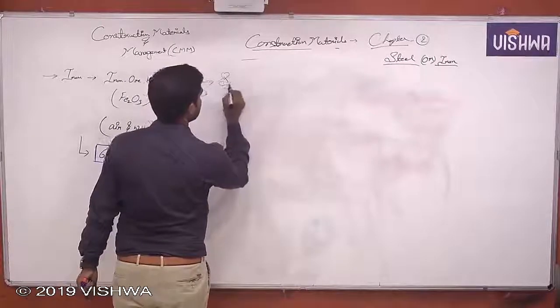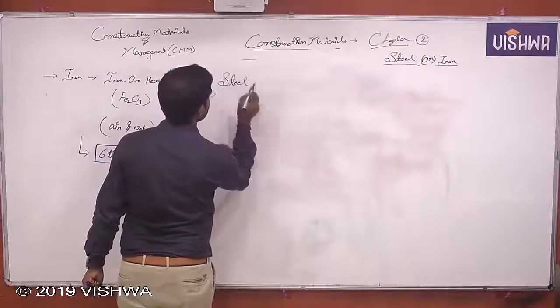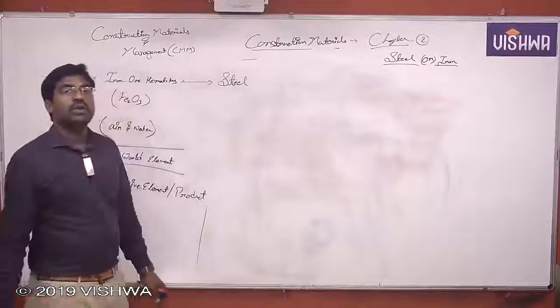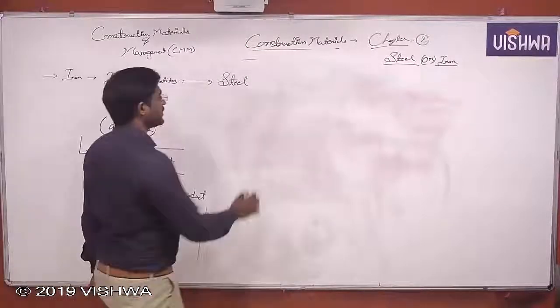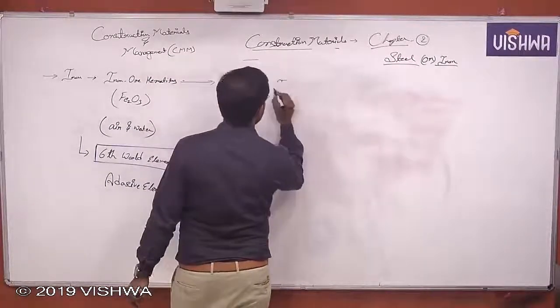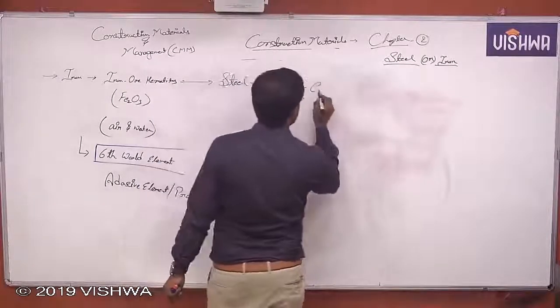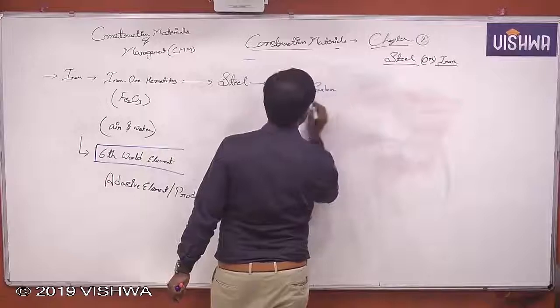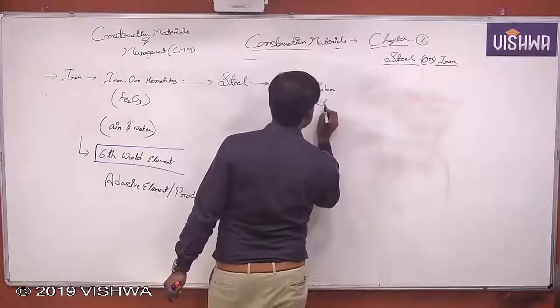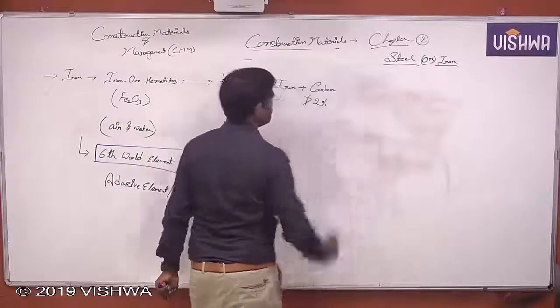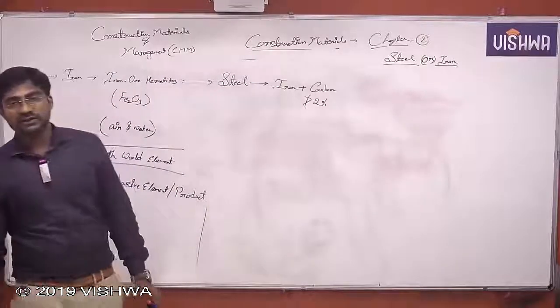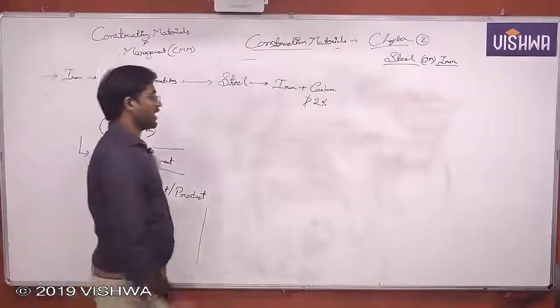The next element we are discussing is steel. In general, steel is a product of iron mixed with carbon, but the carbon should not be greater than 2%. Only 2% of the carbon is acceptable.